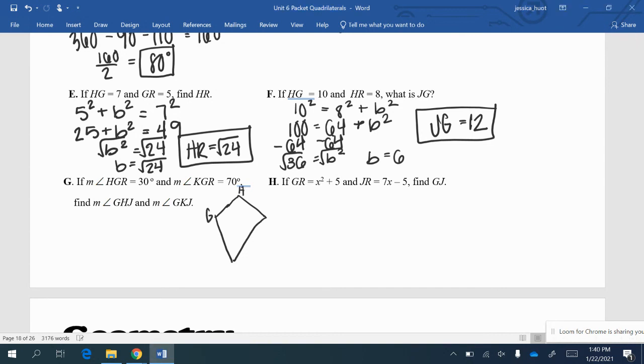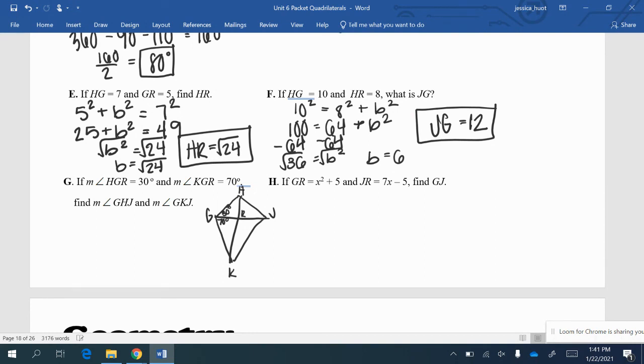G, H, J, K, and then R. So measure of angle HGR is 30. And the measure of KGR is 70. Find the measure of angle GHJ.